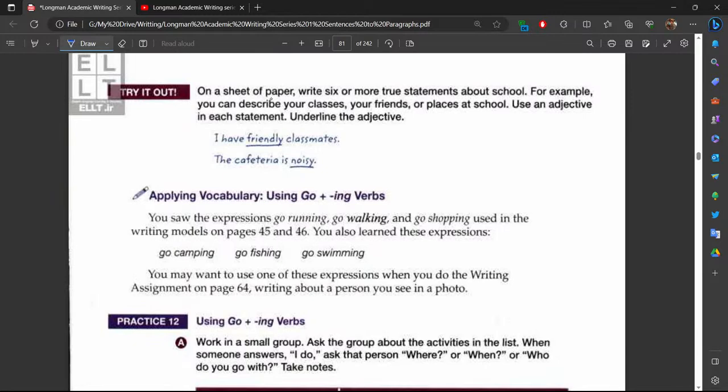On a sheet of paper, write six or more true statements about school. For example, you can describe your classes, your friends, or places at school. Use an adjective in each statement. Underline the adjective.